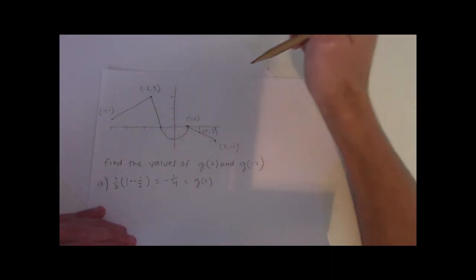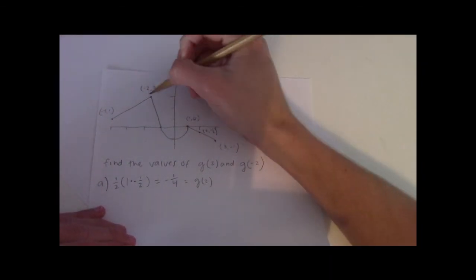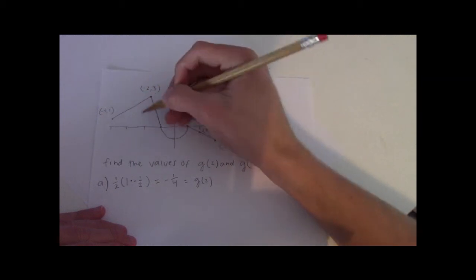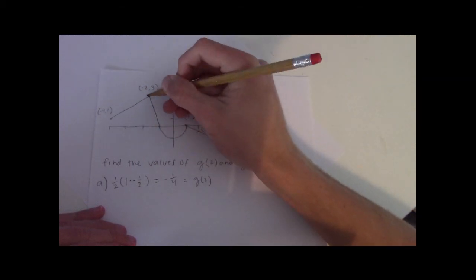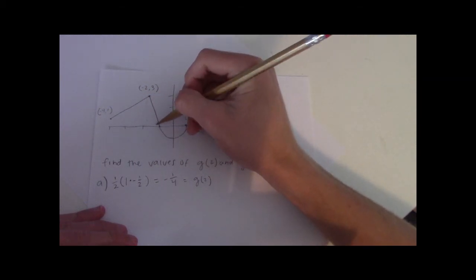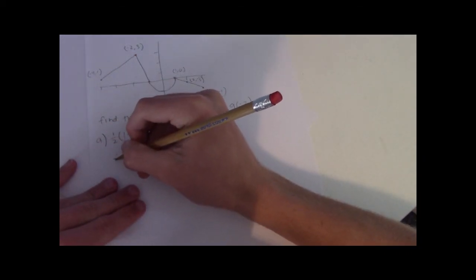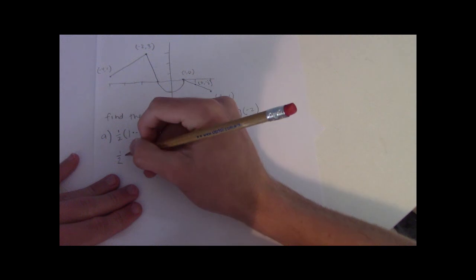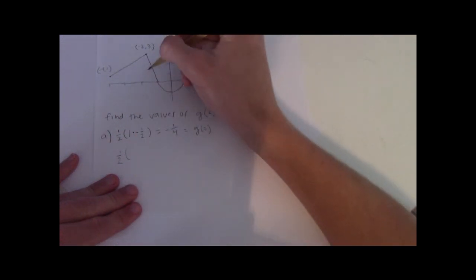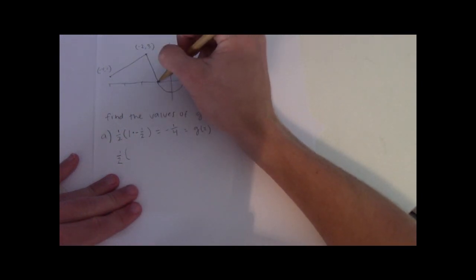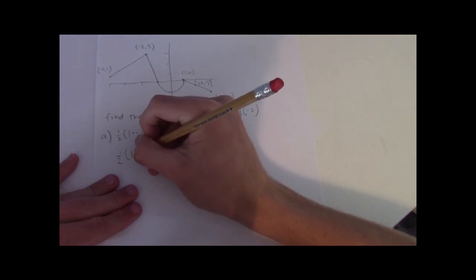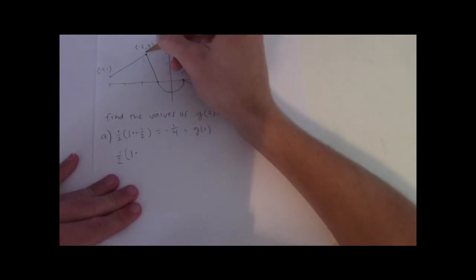Okay, so let's start with -2, and we look at this segment that we can work with right here. That's a triangle. So we start off with, again, the formula for the area of a triangle. So it has a base of 1 and a height of 3.